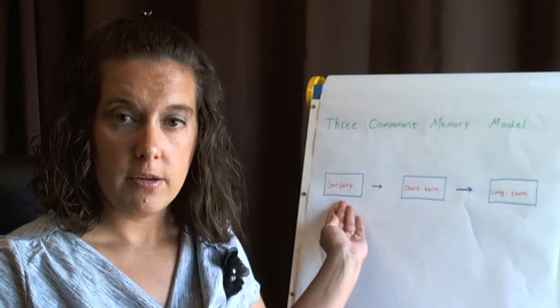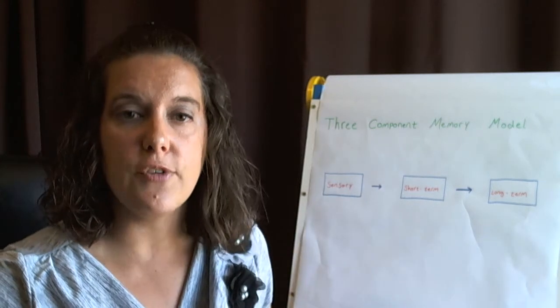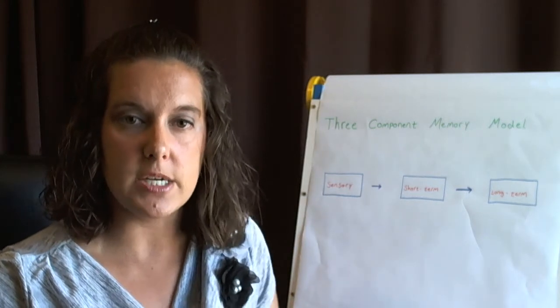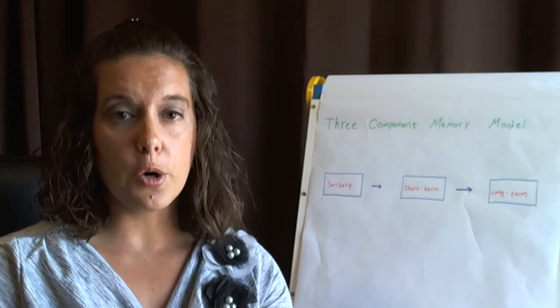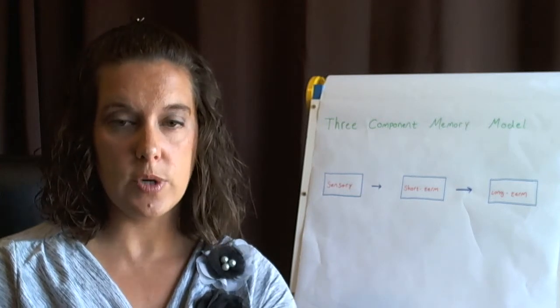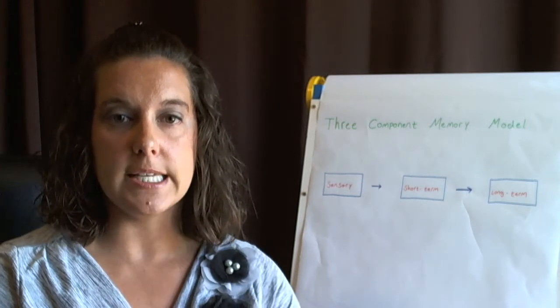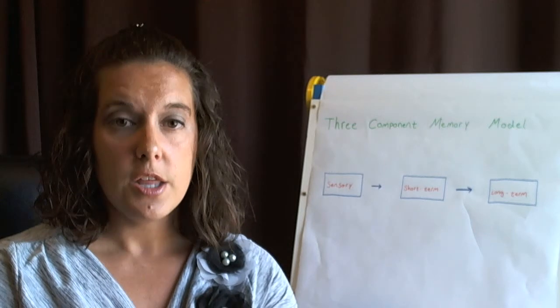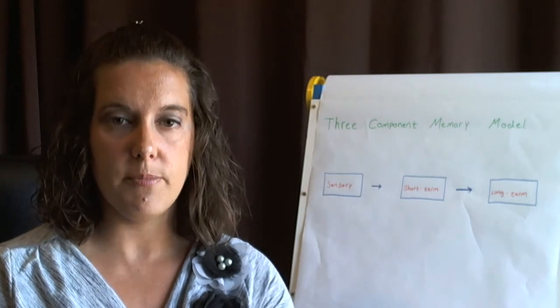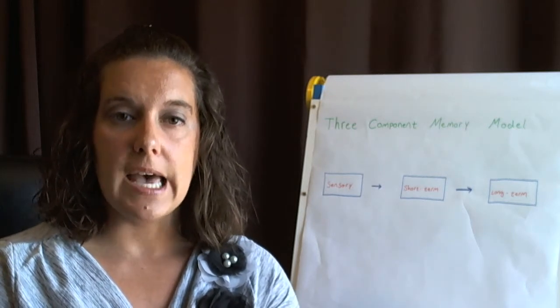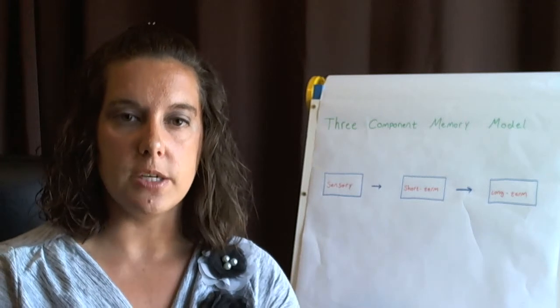Sensory memory is the first place that information goes when taken in from our senses. According to Robert Feldman in his 2013 book, Understanding the Essentials of Psychology, there are different types of sensory information. The first type is echoic, or sound information.